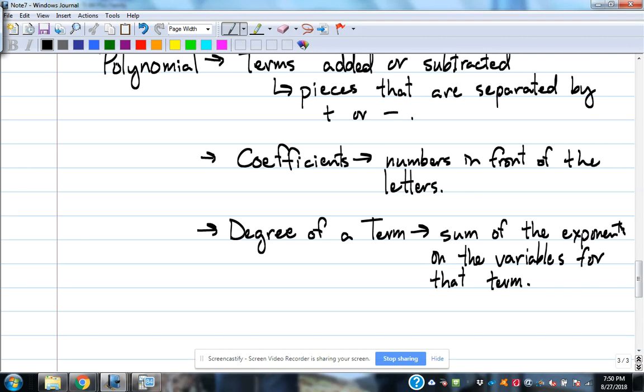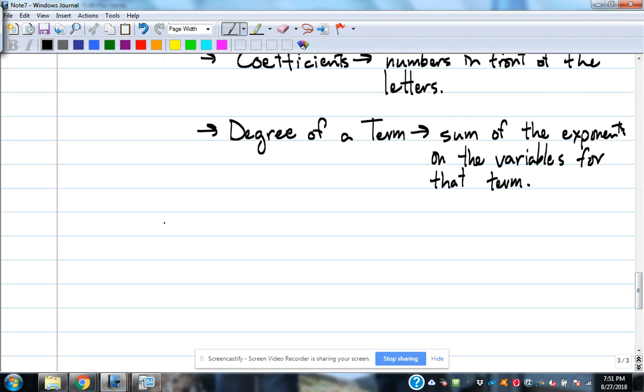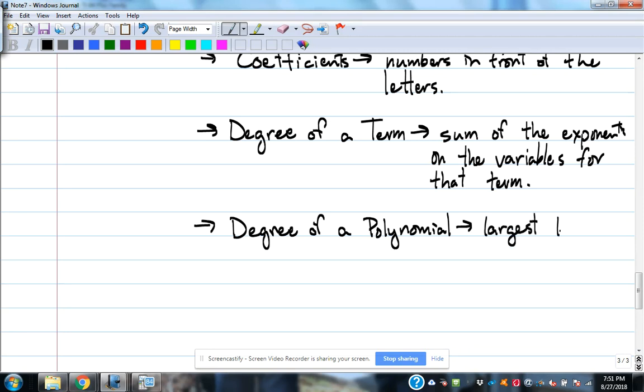When we look at a polynomial, we're going to get the degree of each term. The degree of the whole polynomial is the biggest one. The degree of a polynomial is just the largest term degree.